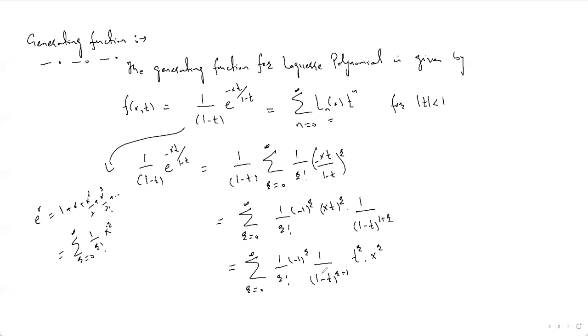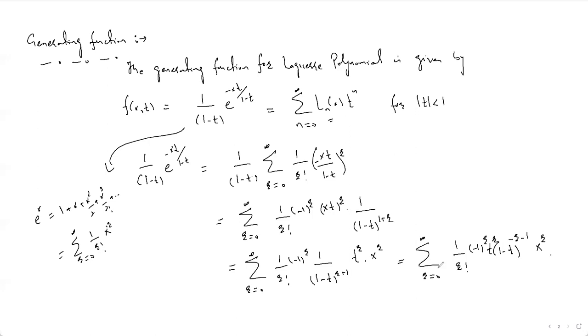Fine. Or I can write this as the summation over r running from 0 to infinity of 1 divided by r factorial, minus 1 raised to power r, then 1 minus t raised to power minus r minus 1, taking it to the numerator so it will be minus r minus 1, also with t raised to power r here, then x raised to power r.